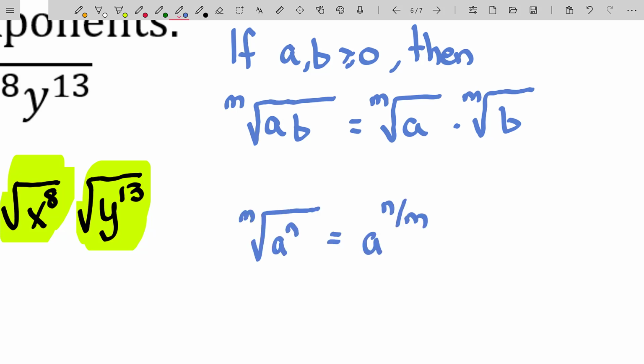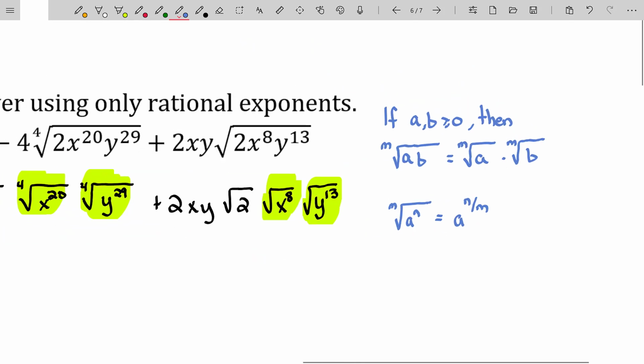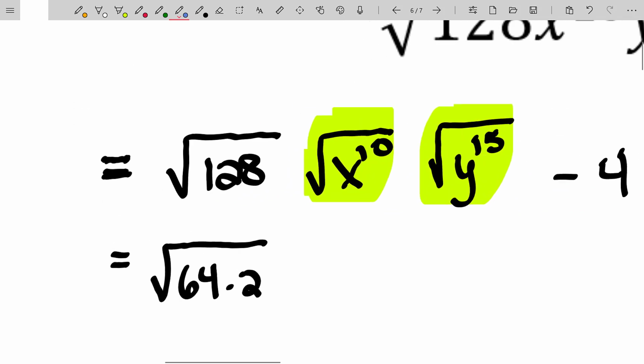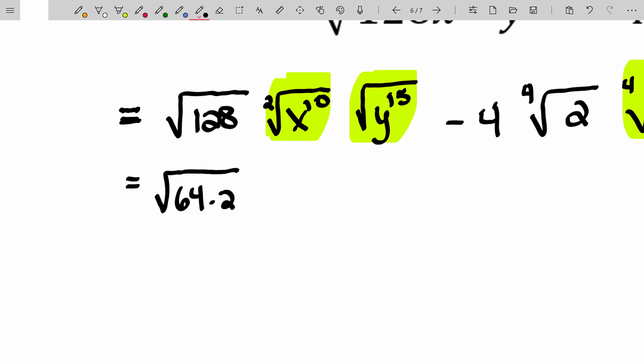So the nth root of a to the n is the same thing as a to the n over m. So I'm going to go ahead and trade out all that highlighted ink for that. Remember, square roots are index 2. It's just a silent 2 that's right here. So the square root of x to the 10th is actually x to the 10 halves. Write that in. We know that that's going to be 5, but I'm just taking my time with it.